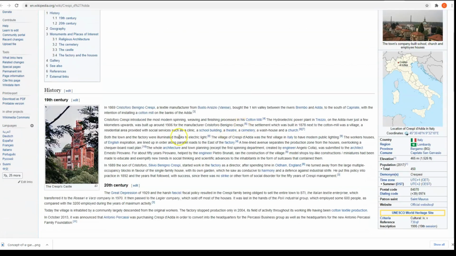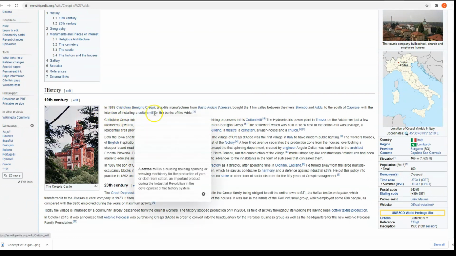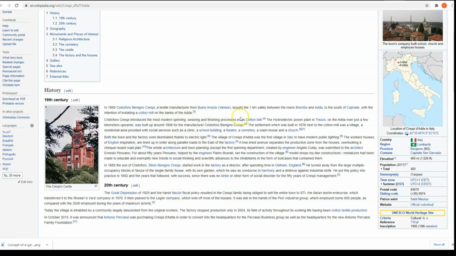So basically this looks like the same kind of thing. In 1865, a textile manufacturer from Busto Arsizio bought the 1 kilometre valley between the rivers to the south of Capriate for the intention of installing a cotton mill.